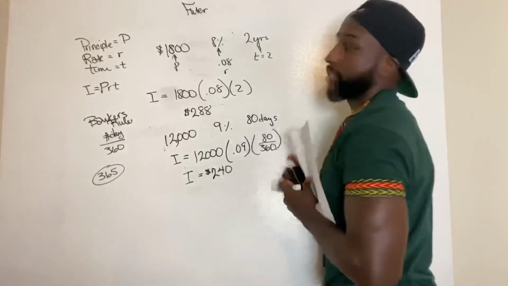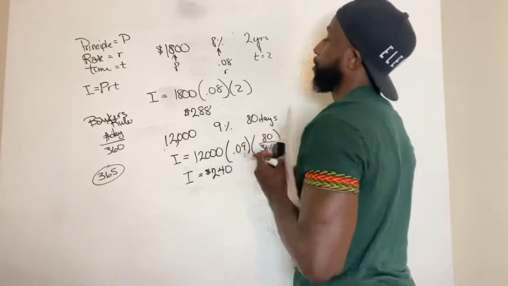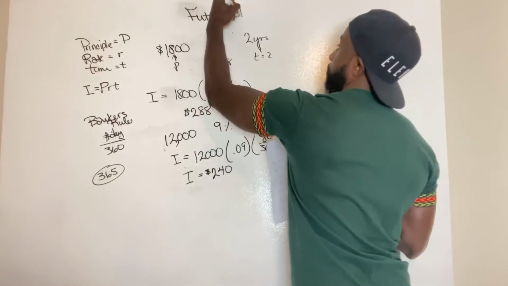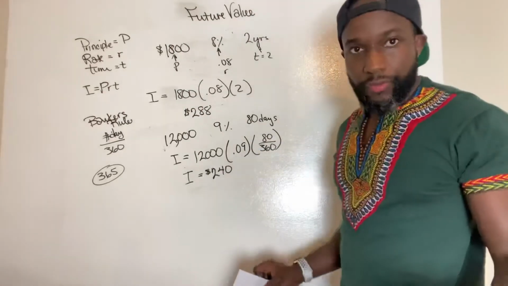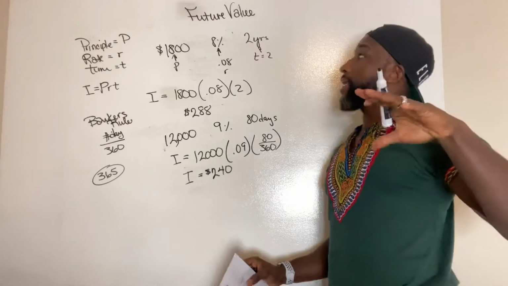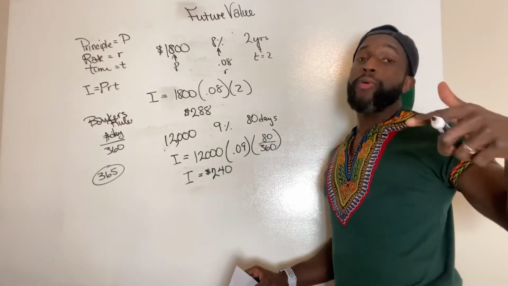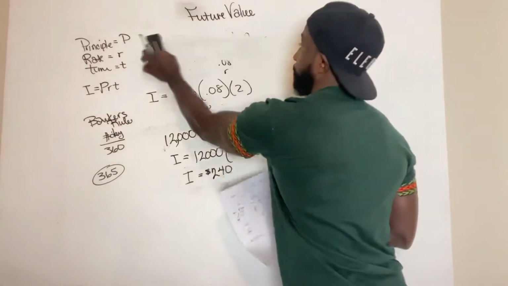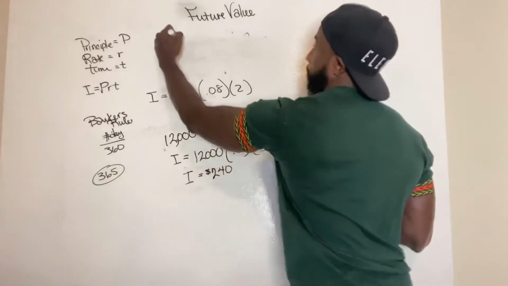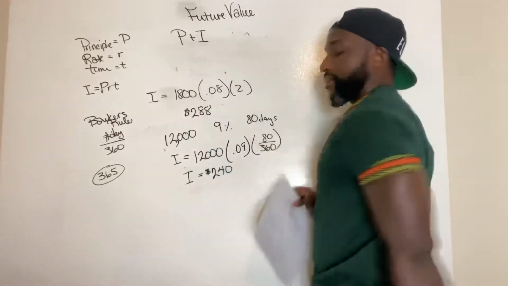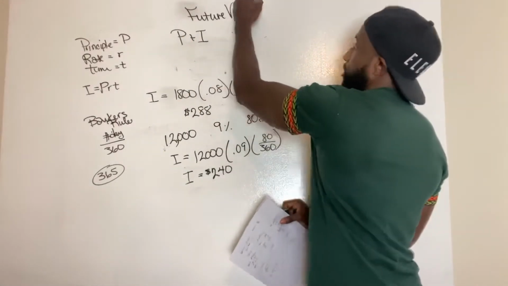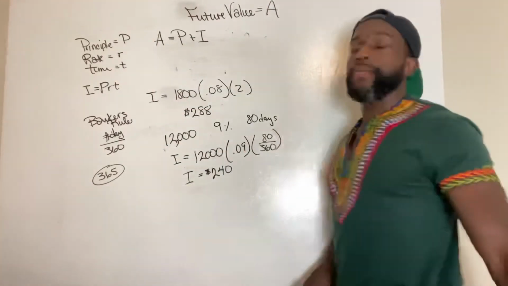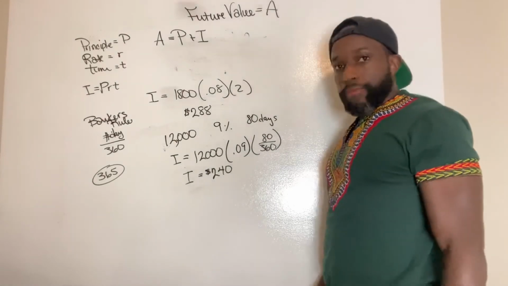Future value of any amount that you've either loaned, borrowed, or invested is going to be the principal amount plus the interest. Future value is always signified by the letter A, right? So A equals the principal amount plus the interest, right?